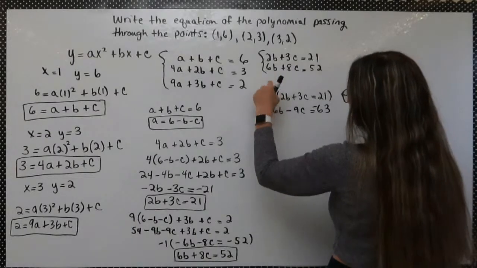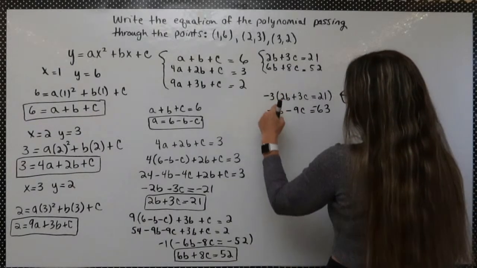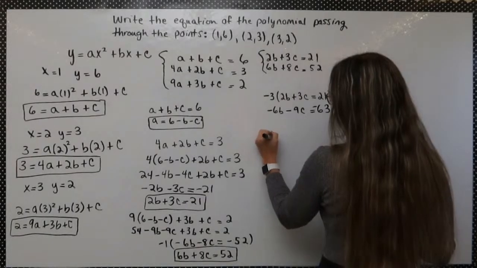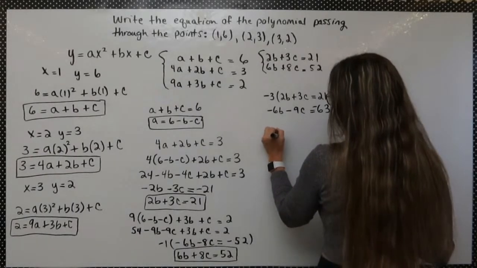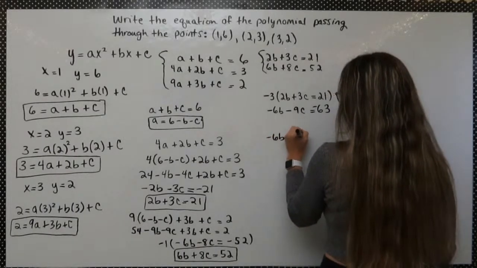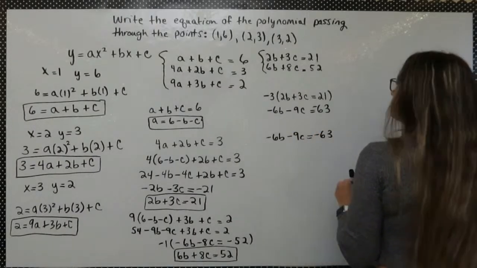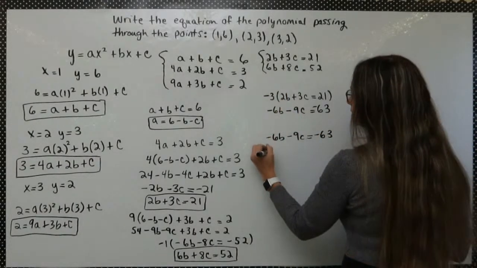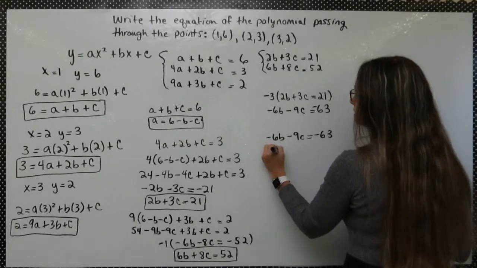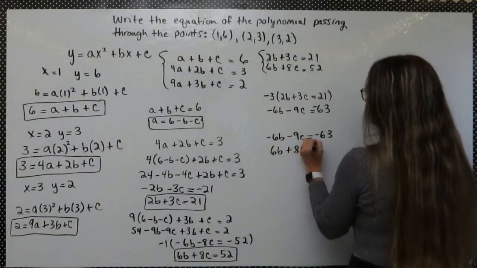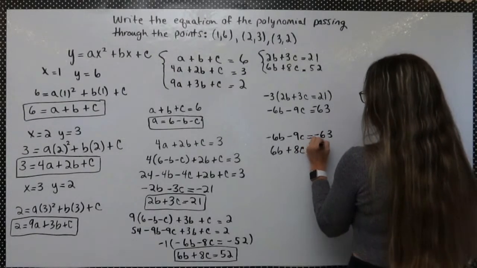And then I'm just going to take this other equation and add them now. So I've got negative 6b minus 9c equal negative 63. And then plus 6b plus 8c equal 52.